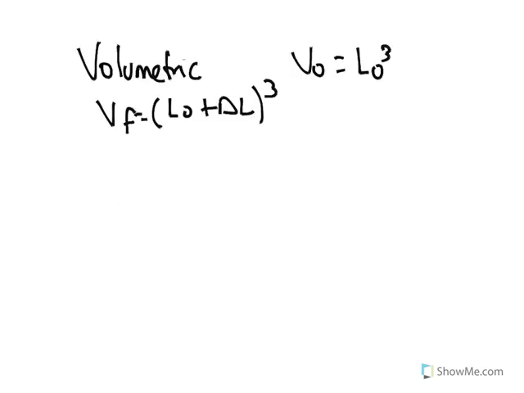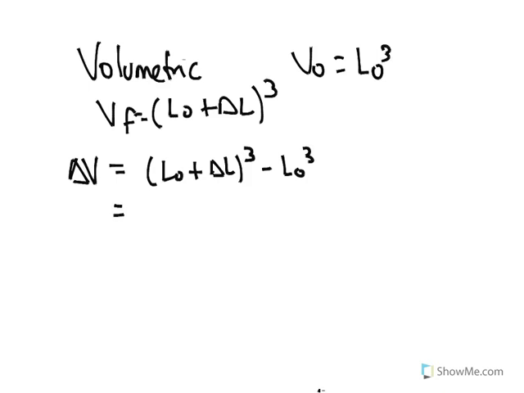We can do the same procedure with the volume, and we get that the change in volume is the initial length plus delta L, cubed, minus initial L cubed.